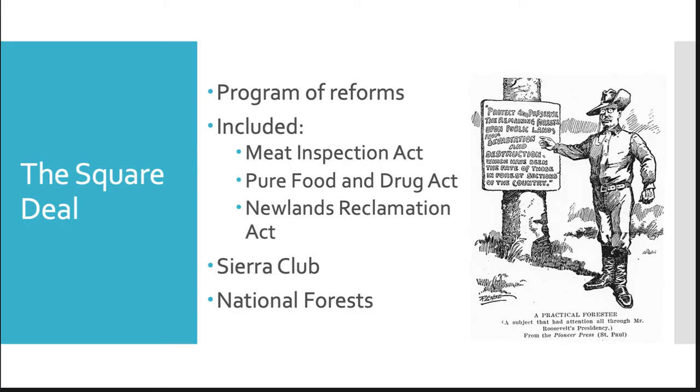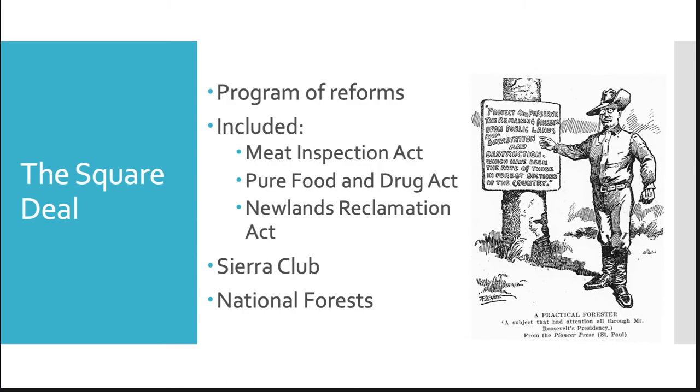We are going to hear these reform packages of legislation made by presidents to really last throughout their legacy. And the Square Deal is a program of reforms that Teddy is going to put together in order to reform the working class, reform the working conditions, reform the United States as a whole.